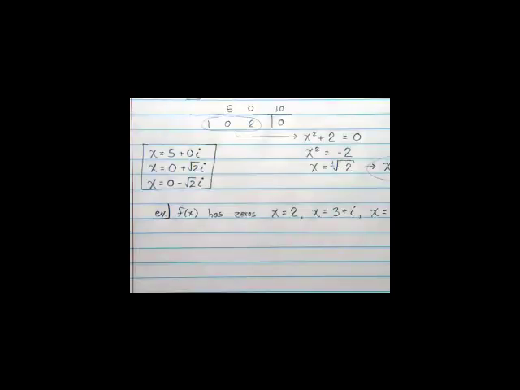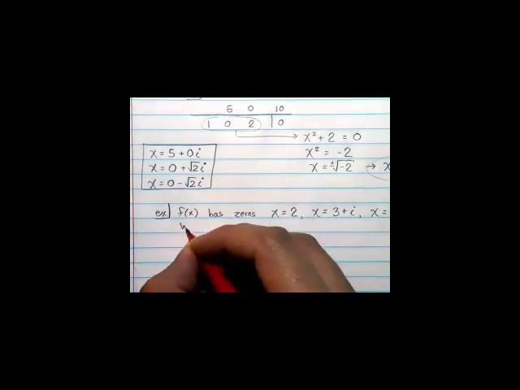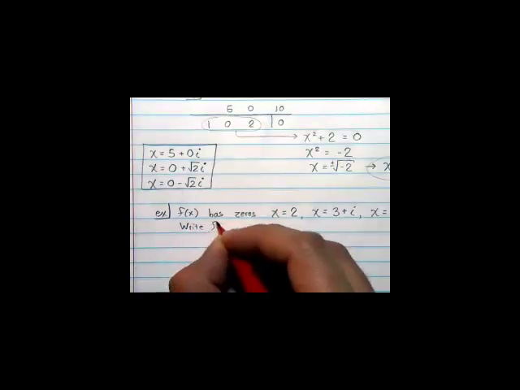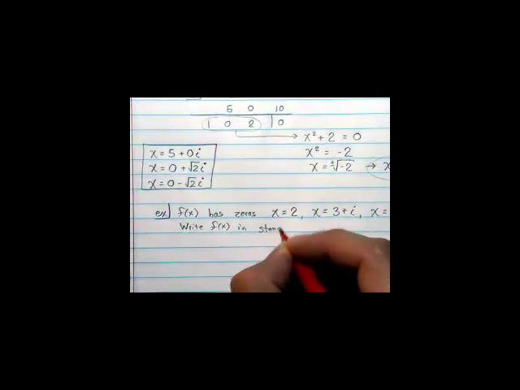Okay, so I've got two complex numbers here that are roots, and I've made them so that they have both a real and an imaginary part. And then we're going to see if we can put all of this together into a function. So we're going to write f of x in standard form.